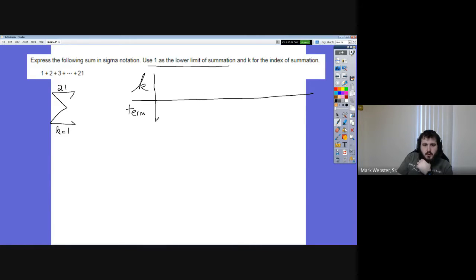Here, this is the first term, right? And what's our first term? Is 1. Well, they're the same. That's good. For k equals 2, our second term is also 2, right? For k equals 3, well, what's our third term going to be? 3.